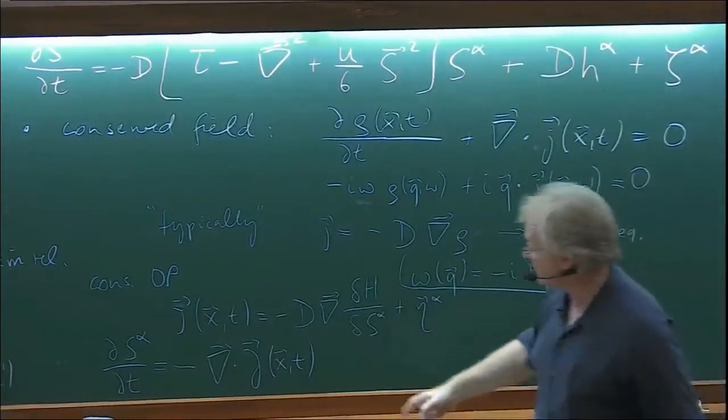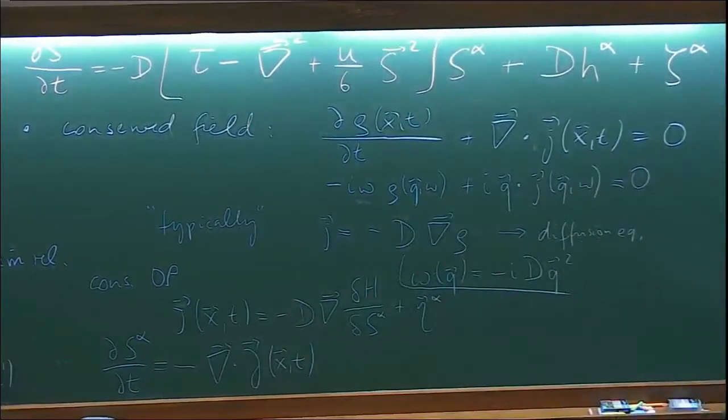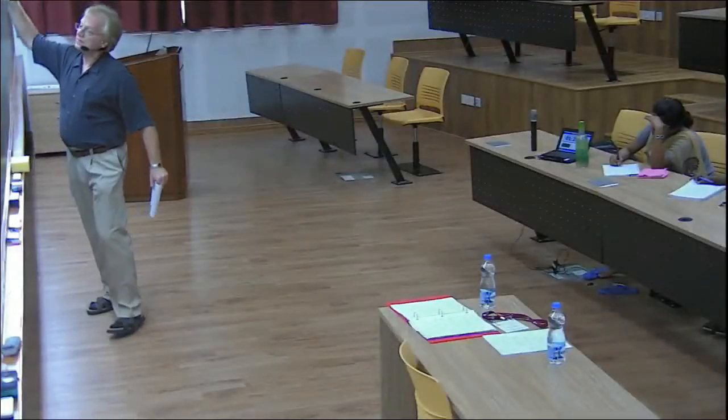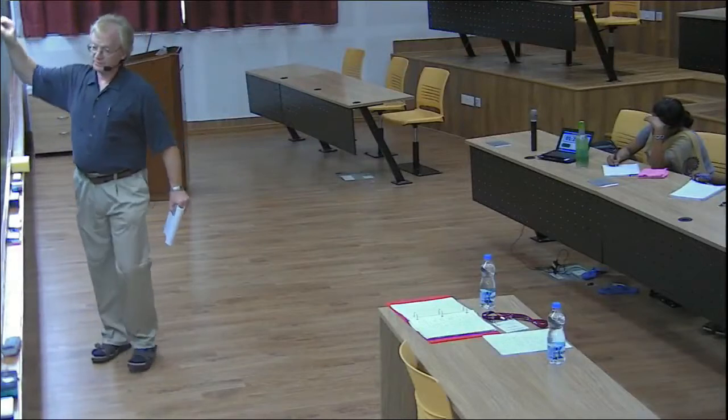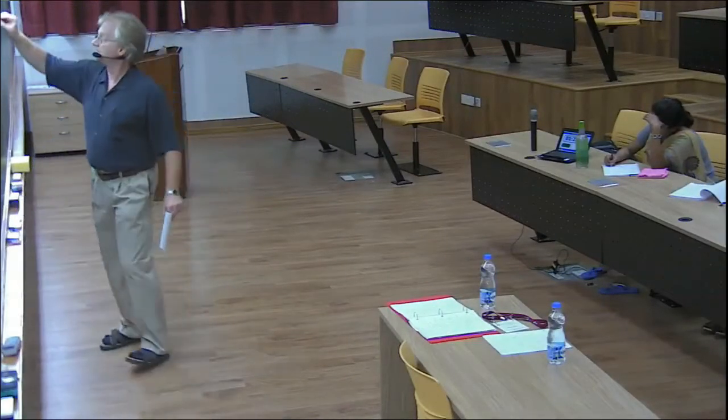Right? So I'm just combining those. And so this gives me d Laplacian, and then the functional derivative of H by S alpha of x and t, and then noise, zeta alpha, where zeta alpha, by comparison here, is the negative divergence of this eta.